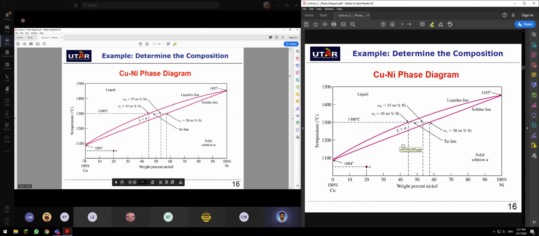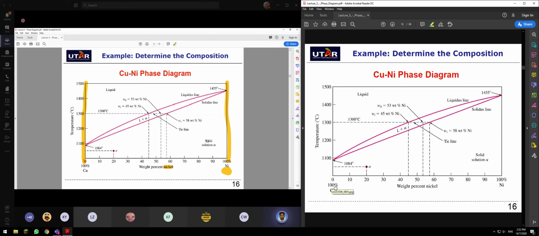Here, 0 weight percentage of nickel. Here, this line, 100 weight percentage of nickel. Here, 0 weight percentage of copper, and 100 weight percentage of copper. Here is pure copper, here is pure nickel.